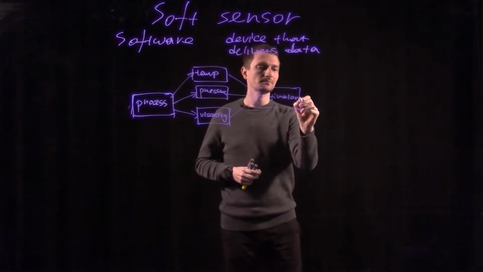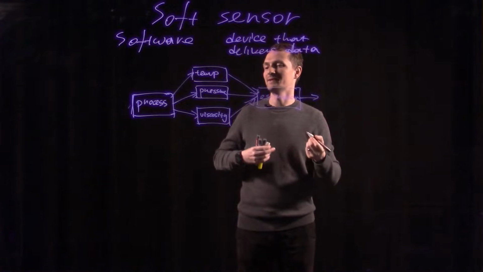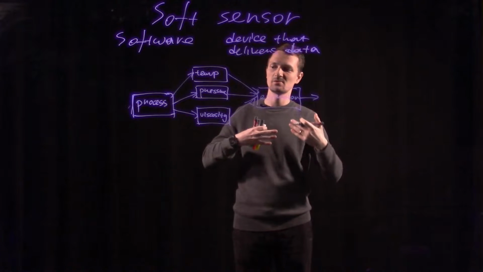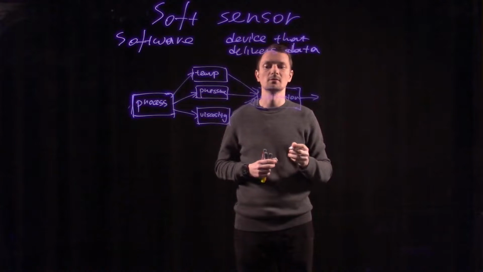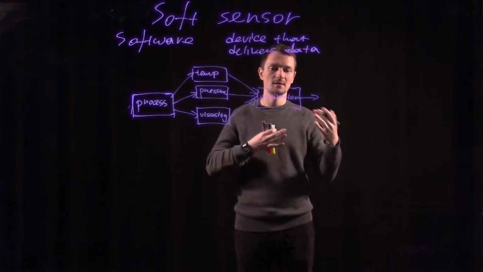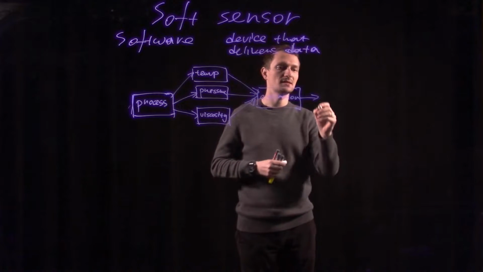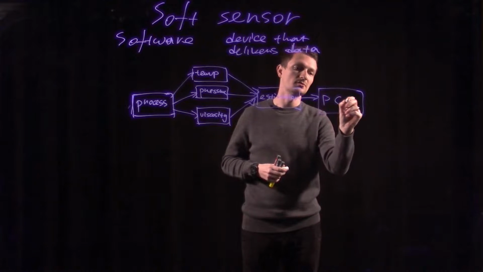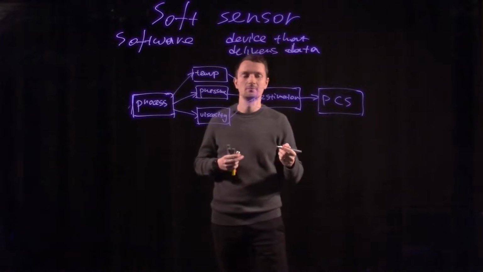And then the main advantage of a soft sensor compared to a model is that a soft sensor is some sort of an application of a model. That means a soft sensor can deliver results like a normal sensor, and in this case it will deliver results to our process control system. Why do we need that?